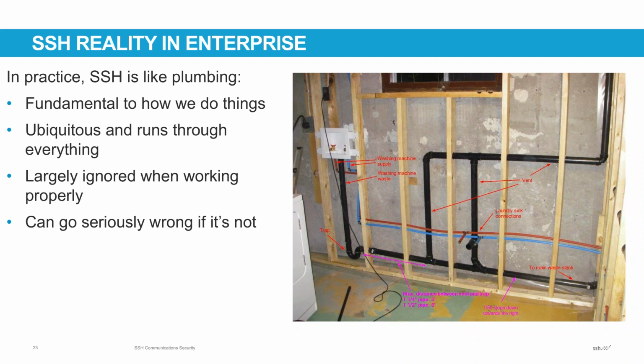But should an issue arise, number one, it can be catastrophic. Just imagine if you've ever had a plumbing leak in your house, you'll know what I'm talking about. It can be catastrophic should it go awry, and it's pretty much everywhere within a home, or in the case of SSH, within your organization.